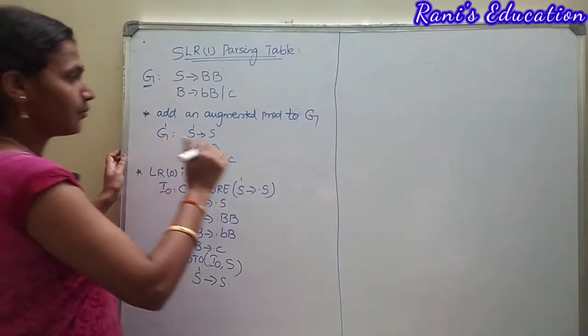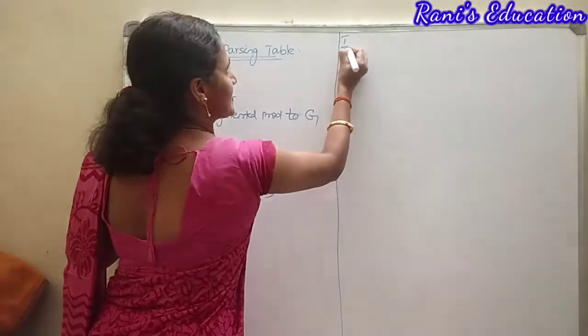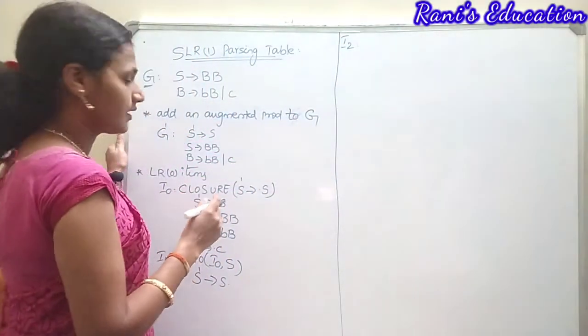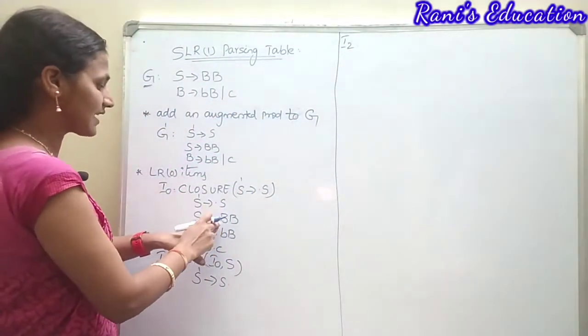Now move on to the next item, which is I2. What is the next grammar symbol present?